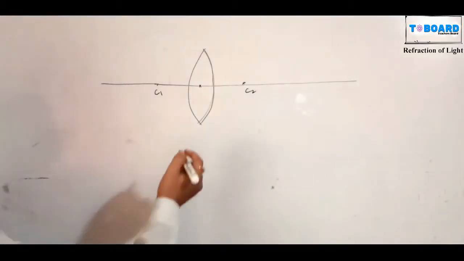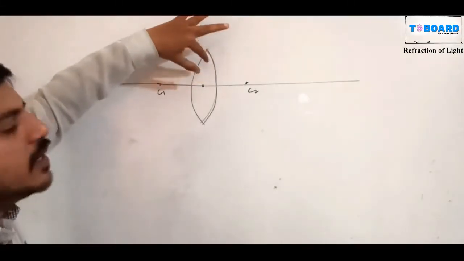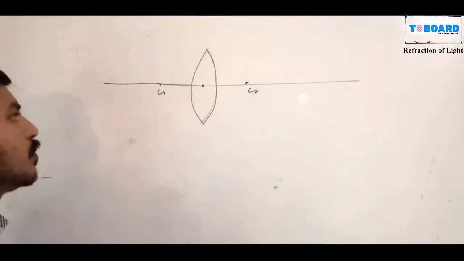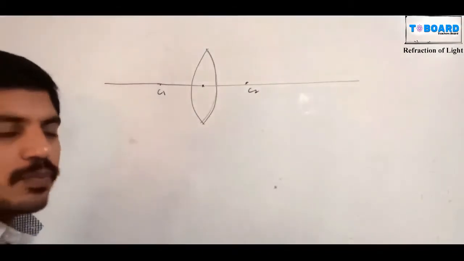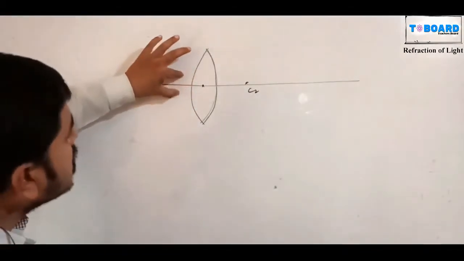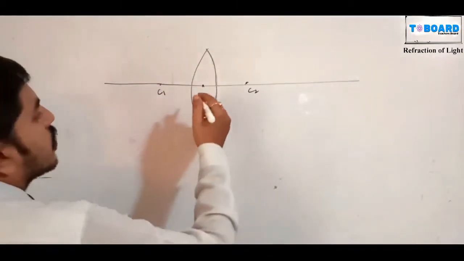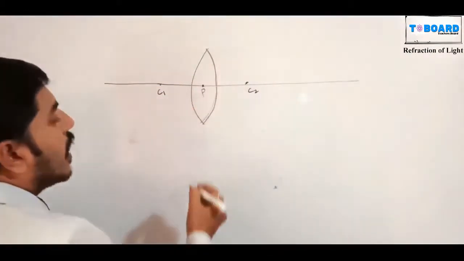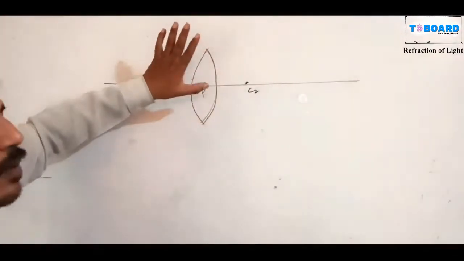Now, the point on the curvature where the principal axis meets the lens is called the optic center. In our reflection topic we discussed this point as the pole.